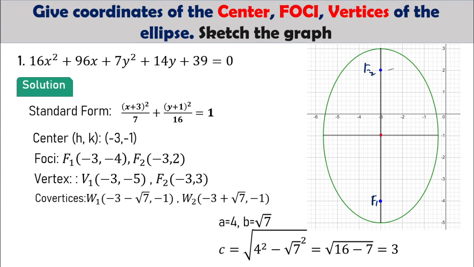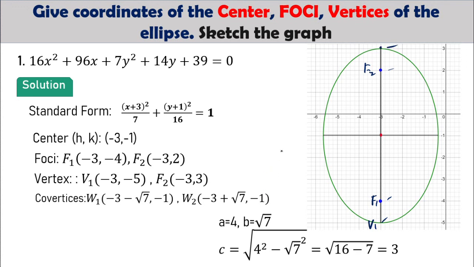Correct. Now the vertices: negative 3, negative 5 on the major axis, and negative 3, positive 3. Correct, very good.